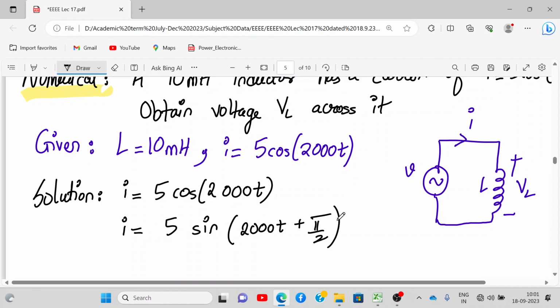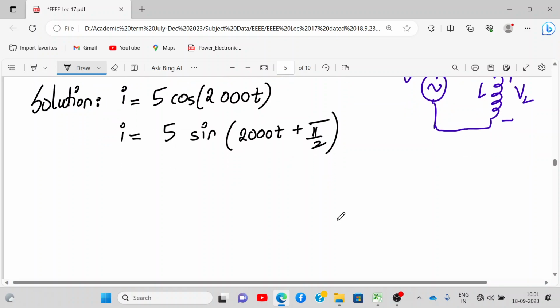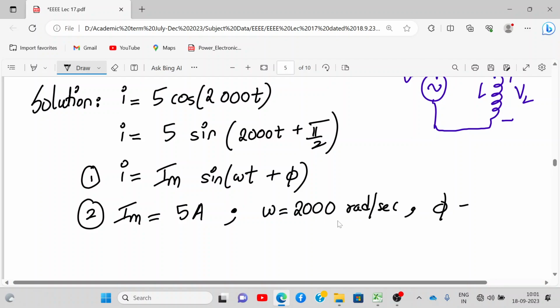Cos theta is sin theta plus pi by 2. Now this is in the form Im sin omega t plus phi. Im will be 5 amperes. Omega is 2000 radians per second. And phi is pi by 2, or 90 degrees.